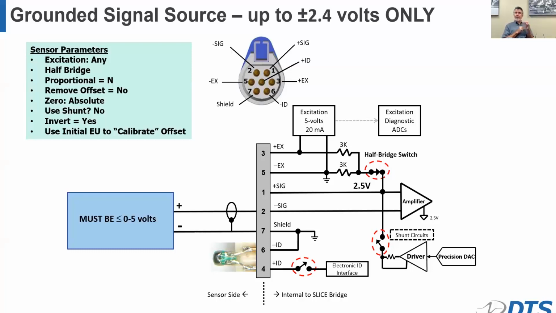Now, an important point here, the amplifier doesn't really care what polarity of signals it has. It just amplifies the differential. So if you want to make the signal go the right direction, in this case, you simply turn on the inversion. There's a checkbox that says invert. You turn that on, and you'll get the right polarity.